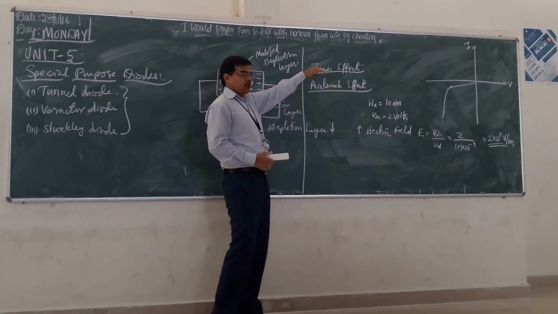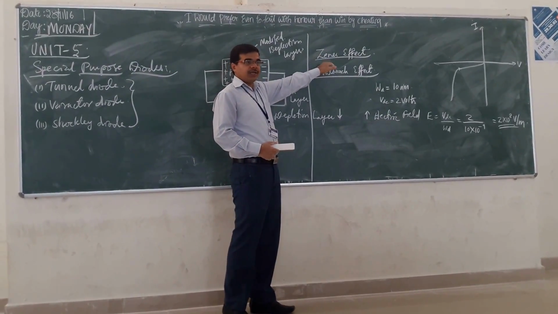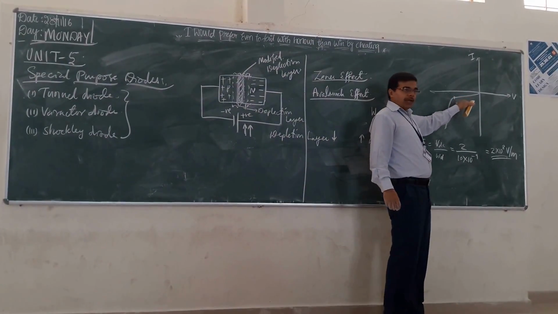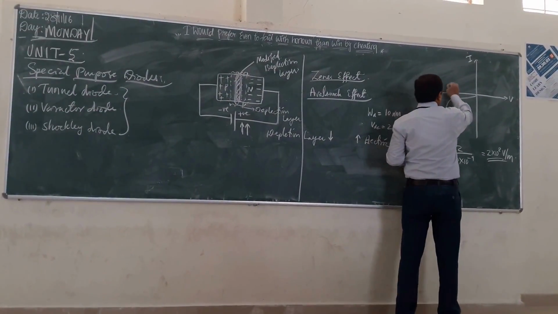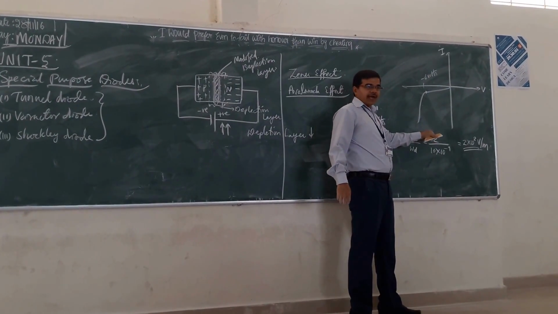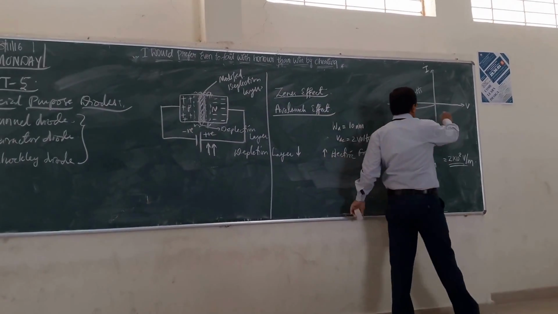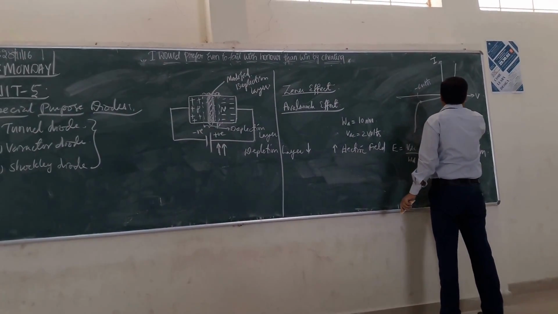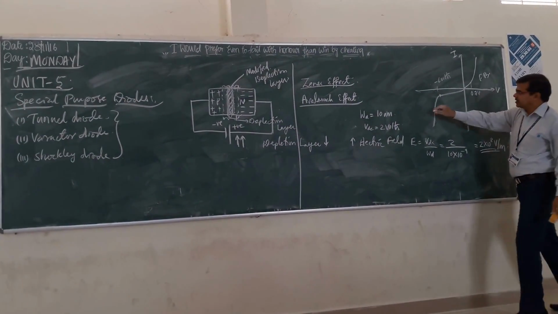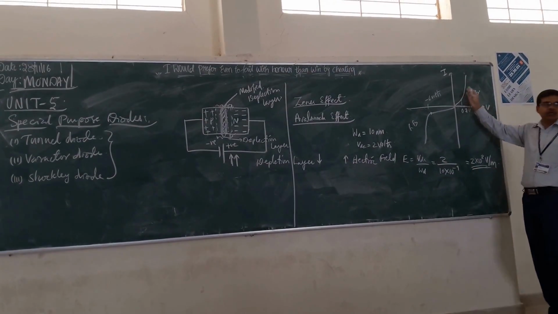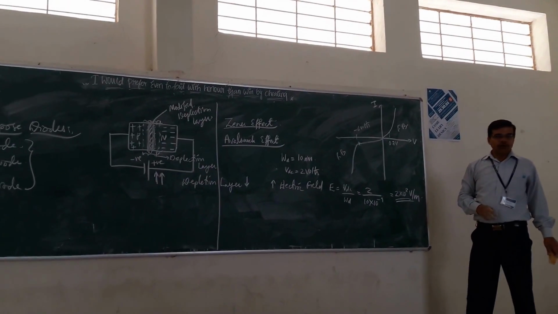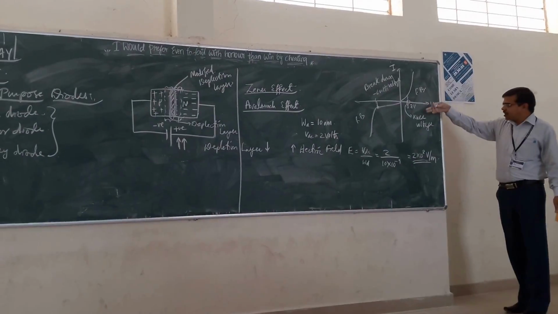You have the Zener effect if the breakdown occurs before minus 6 volts. This is the reverse characteristics of a PN junction diode. This is the forward bias condition and this is the reverse bias, and this point is called the breakdown voltage.